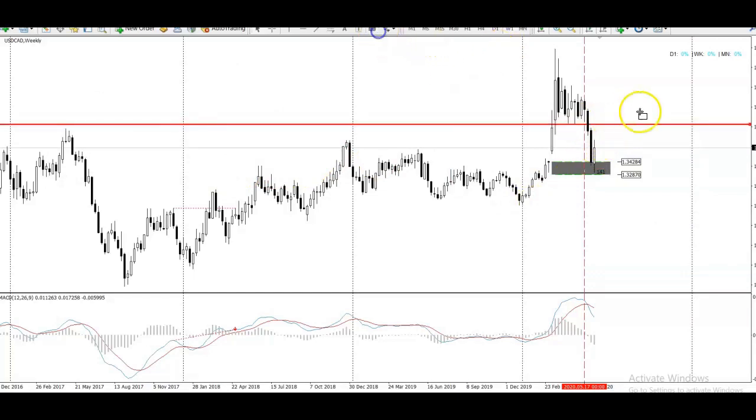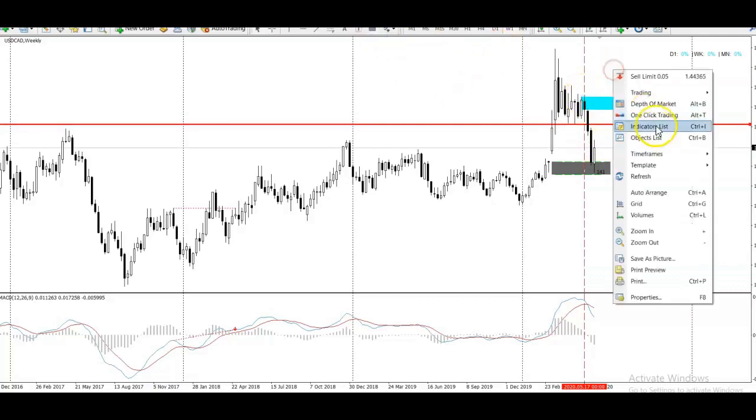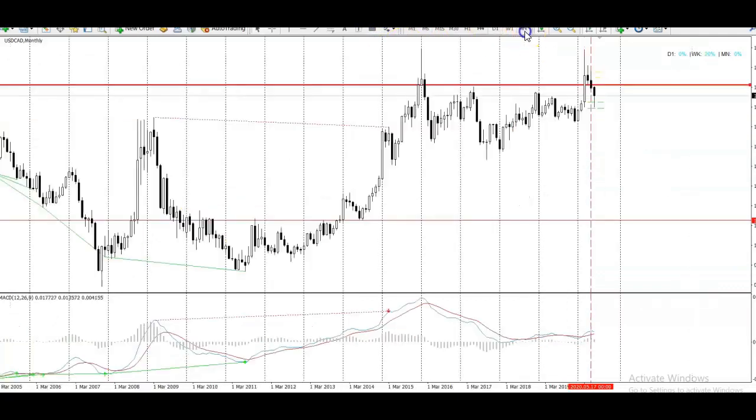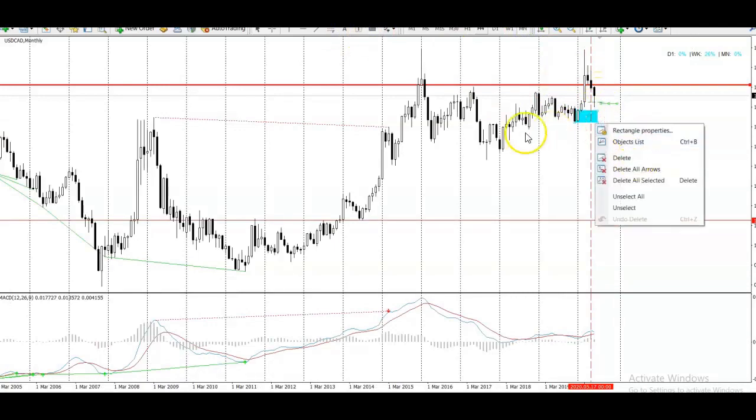We also have a nice weekly area here, and if we zoom out to the monthly, the monthly is looking like this is going to come down to this area here, so down lower.